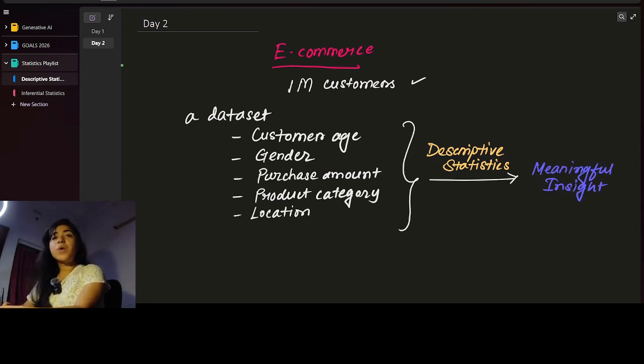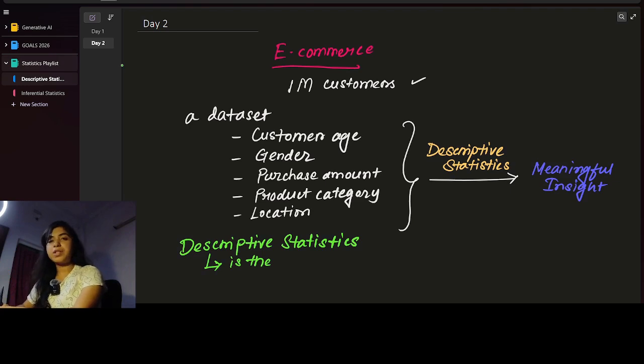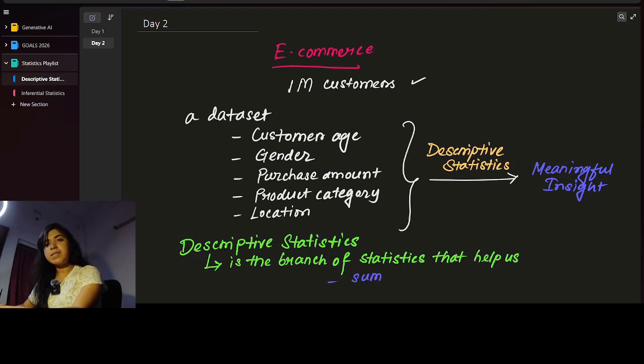Now the question is, what is descriptive statistics? As a definition, it is a branch of statistics. Obviously, we can classify statistics in two ways: one is descriptive and the other is inferential. This descriptive statistics is the branch of statistics that helps us in three ways: summarize, organize, and visualize the data.